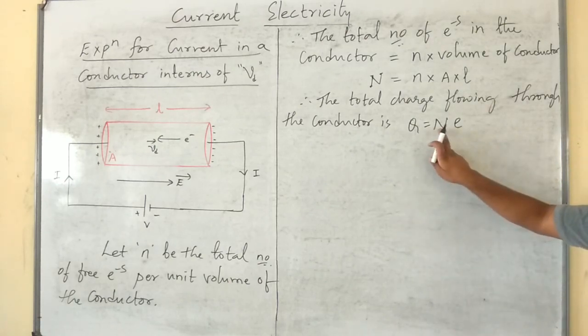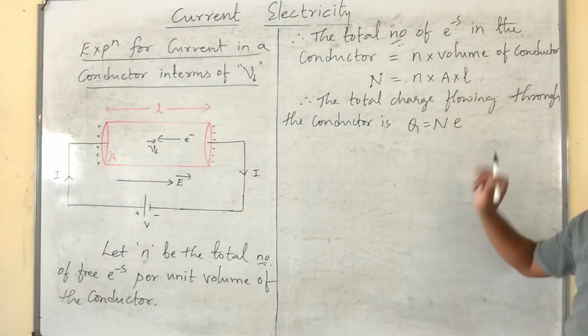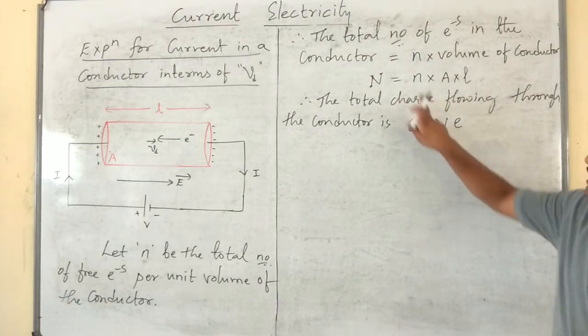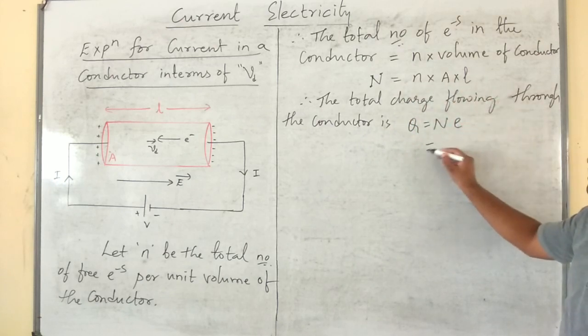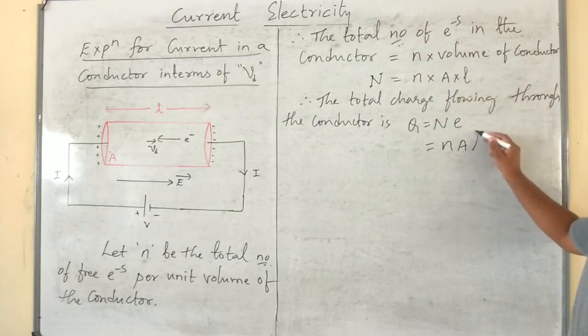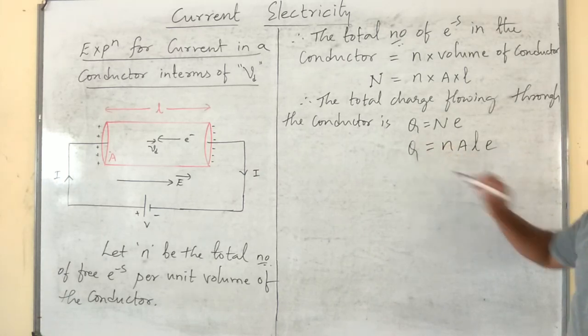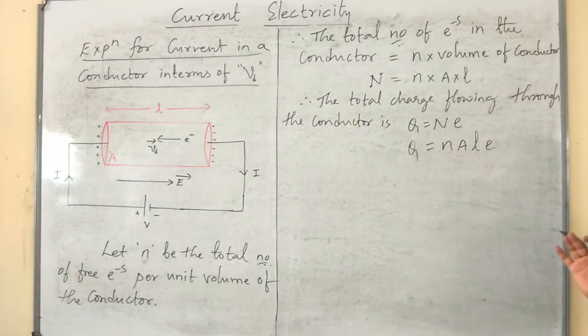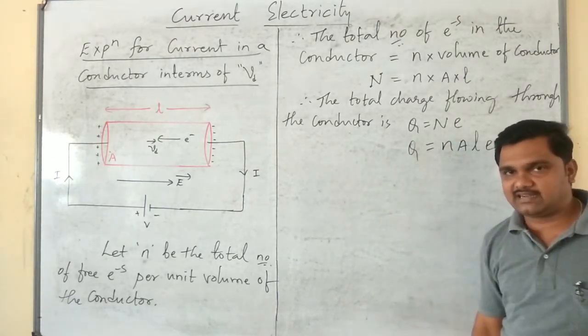In place of small n, I have used capital N. What is N here? N is n into A into L. Therefore, it becomes Q = nALe. So this is the total amount of charge flowing through the conductor.